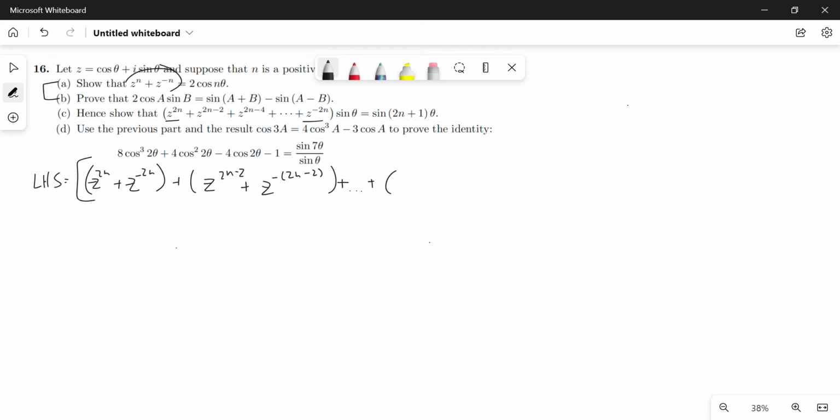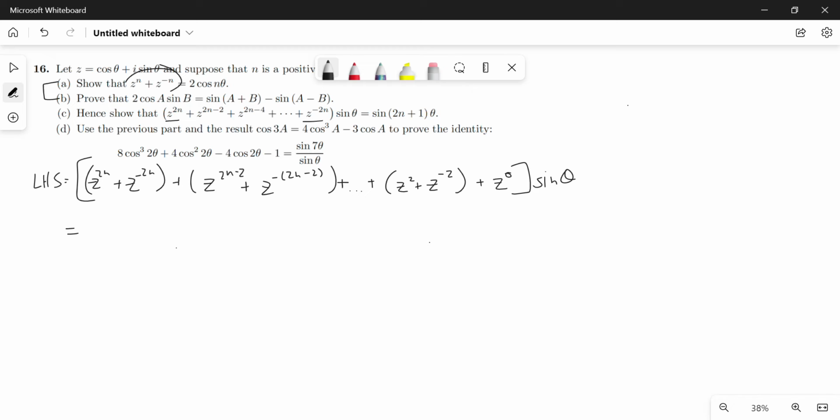Well, it's all these evens, isn't it? Like lots of n's, so we would get down to the smallest even, which is the power of 2's, and then if we take away 2 from that, we just get z to the 0 all by itself. Okay, so we get all that. It's times by sine theta.